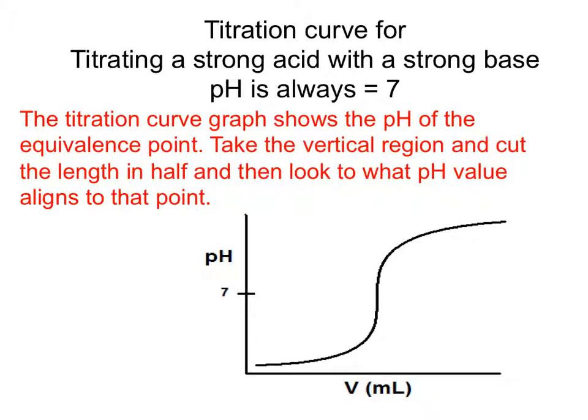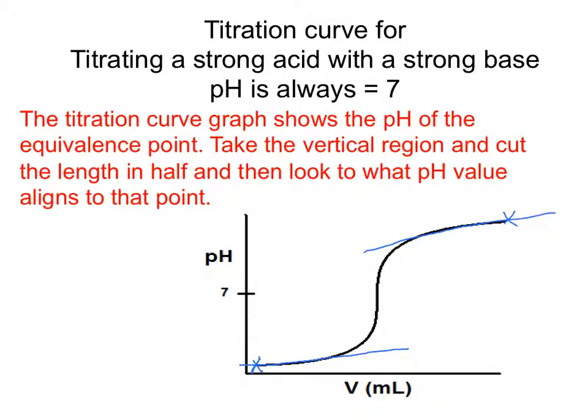At this level, you only really need to identify the pH of the equivalence point of a strong acid being titrated with a strong base, or a strong base being titrated with a strong acid. What we're going to do here is we're going to look at the starting point, which in this case would be a strong acid. We're going to draw a line tangent to that starting point, and then we'll notice that at the top we're looking at being titrated with a strong base. We're going to draw another line tangent to that curved line.